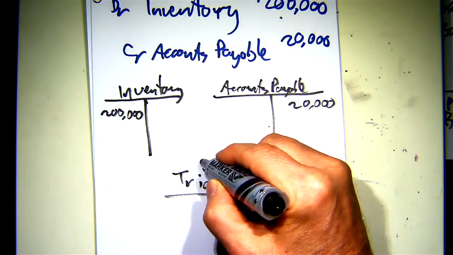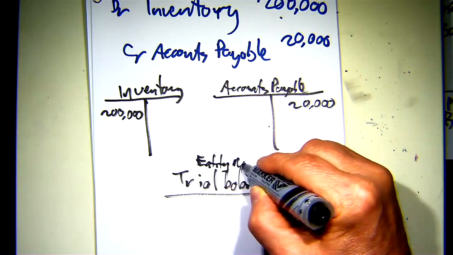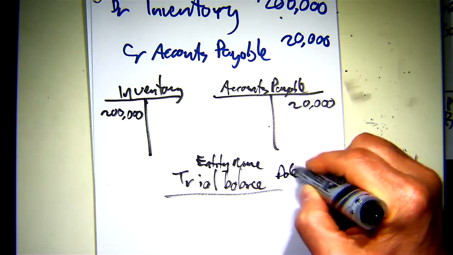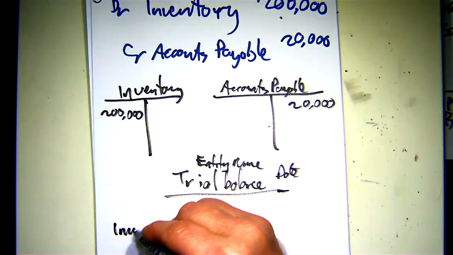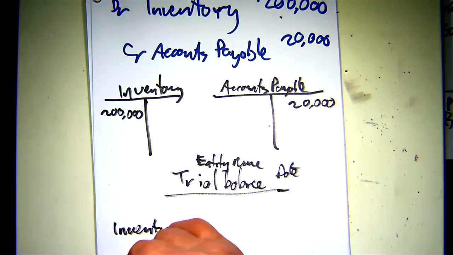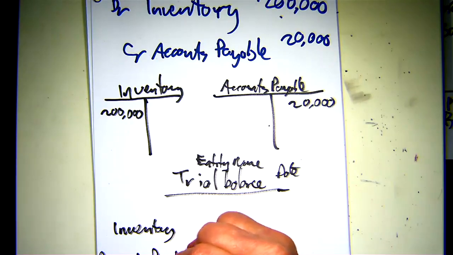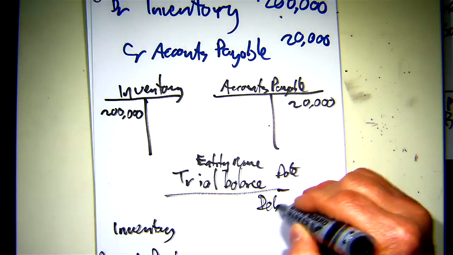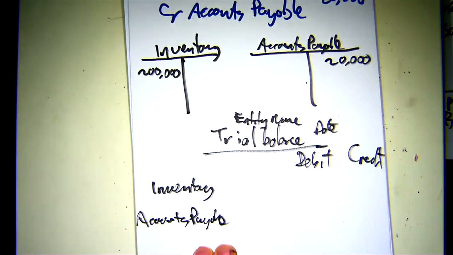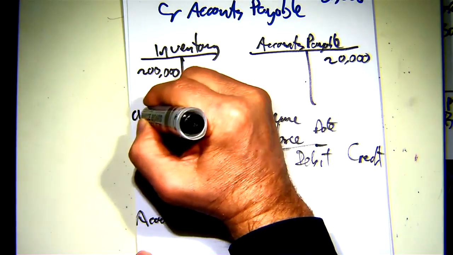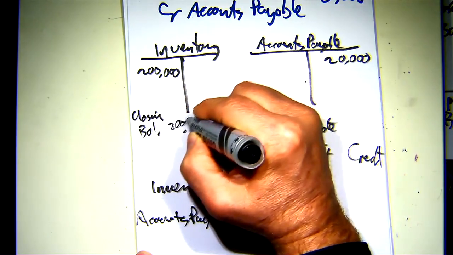it'll be the entity name, and there'll be a date as well. So it's a bit sloppy, but anyway. So I'll have an account, inventory, and accounts payable. And I'll have debit and credit. So if I transfer, I've got closing balance is 200,000.